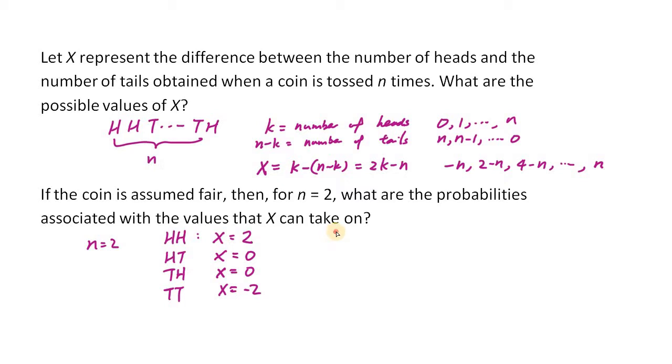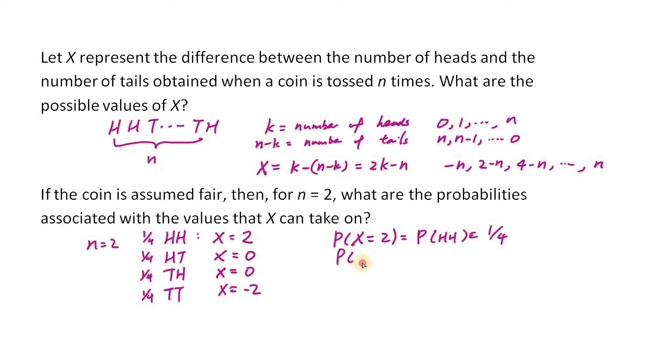And what is the probability of x taking on these values? Since we know that these 4 cases are equally likely for a fair coin, head-head will take on 1/4, the same way as head-tail will take on 1/4, each of them having 1/4 probability. So we can write out the probability that x equals 2 is the probability that you get 2 heads, which is 1/4.